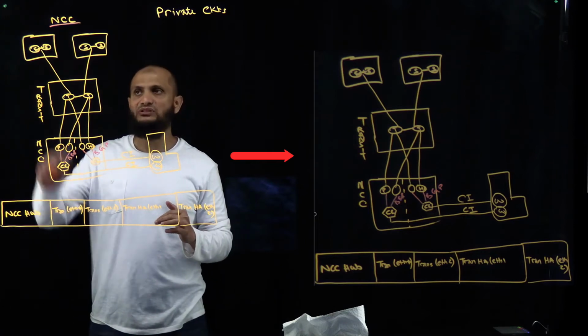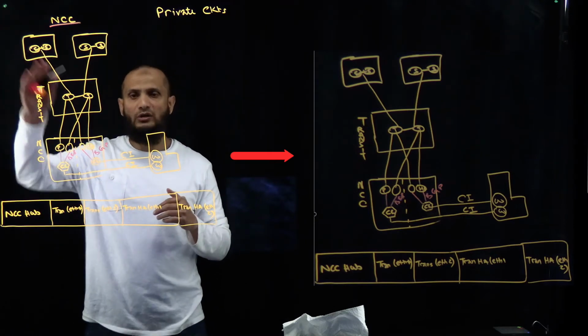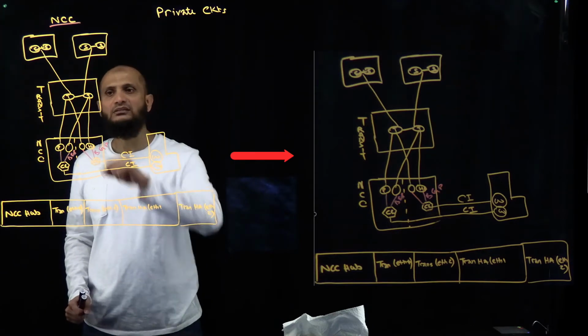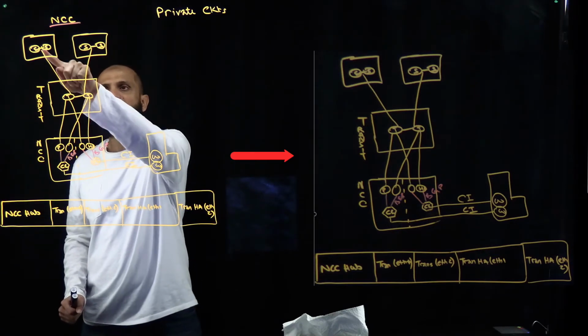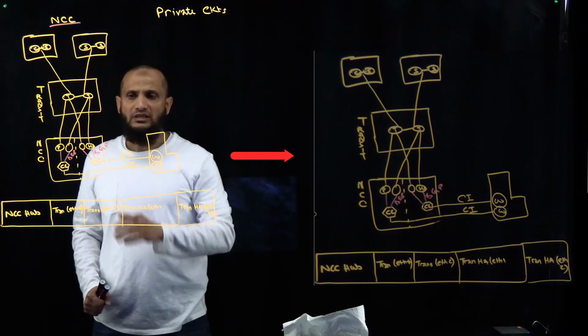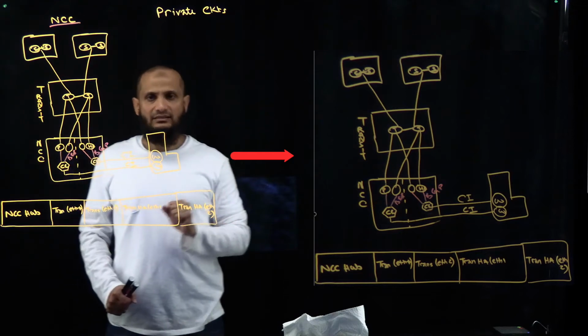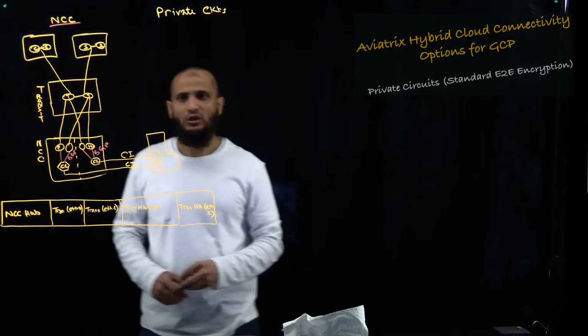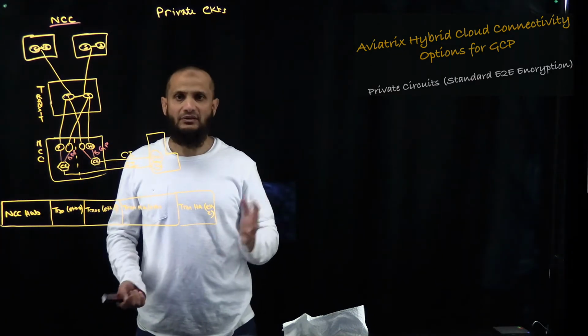RFC 1918 summary routes have already been programmed in the spoke VPCs at the time when you attach the spoke gateways to the transit gateway, so you really don't need to do it again. So this is about the NCC. Now let's talk about the next option, which is the standard encryption.